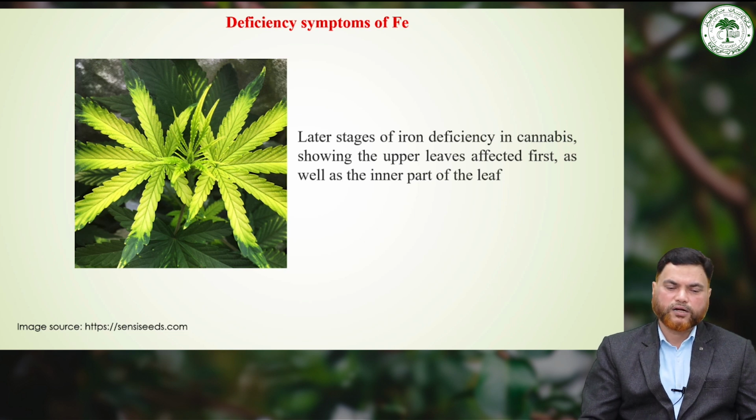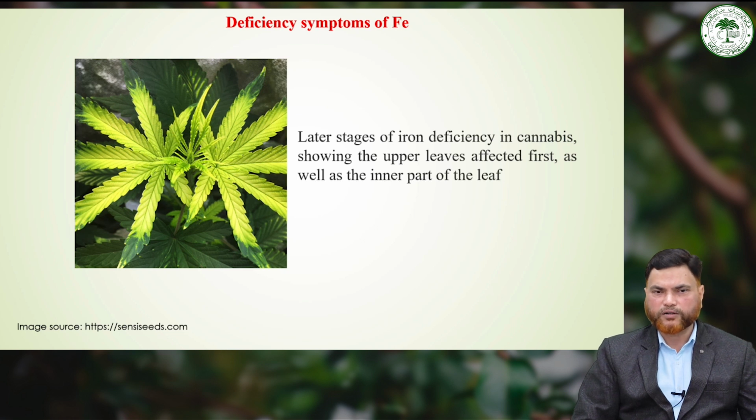In this plant, deficiency of iron can be visualized initially in the form of intervenal chlorosis, but at a later stage the whole cannabis leaf becomes chlorotic. Generally, a major symptom once a plant is deficient in iron is the inhibition of development of chloroplasts, and iron deficiency is very common in members of the family Rosaceae, like maize, sorghum and other fruit trees.